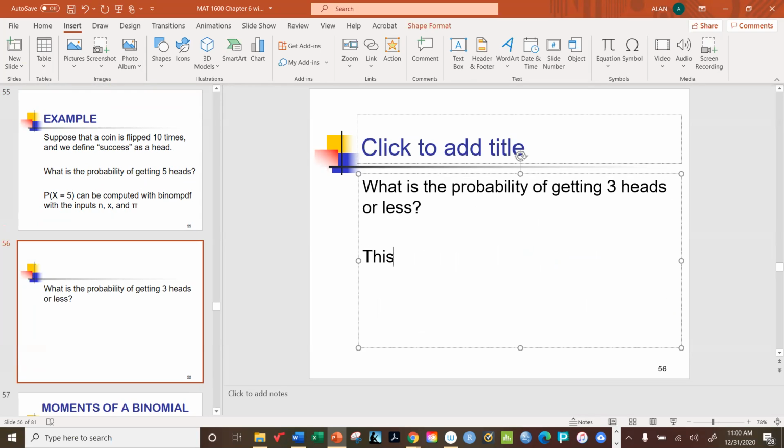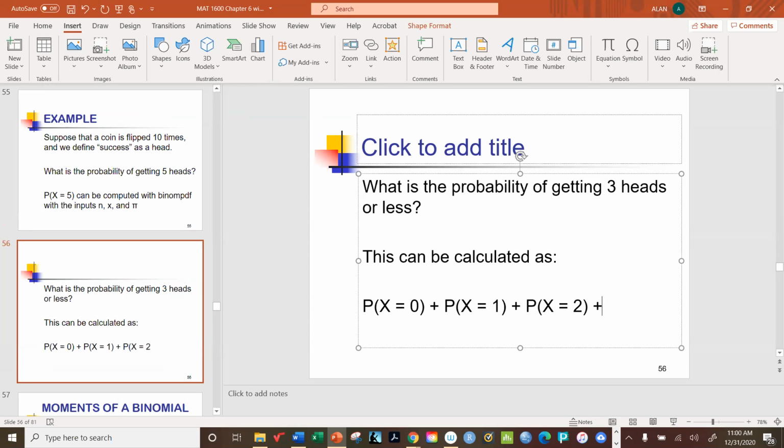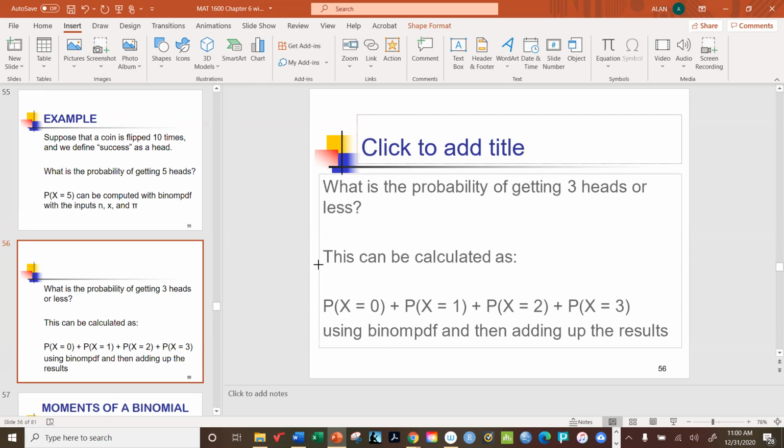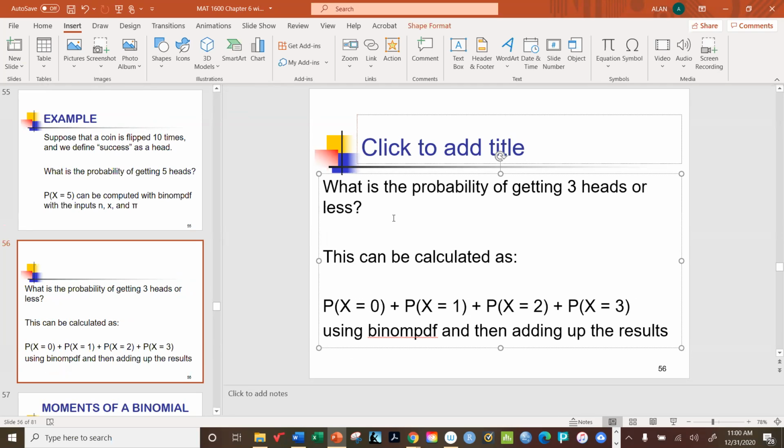Well, this can be calculated using binom PDF and then adding up the results. Ooh, now that sounds like a lot of work, doesn't it? And it is.